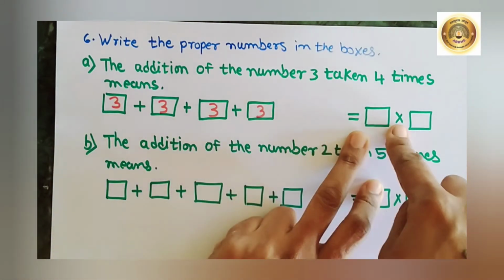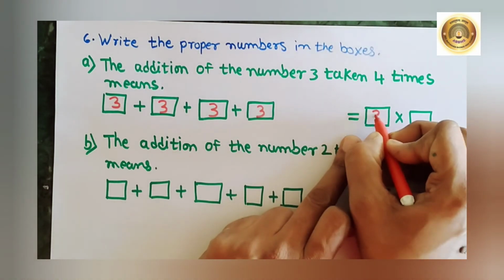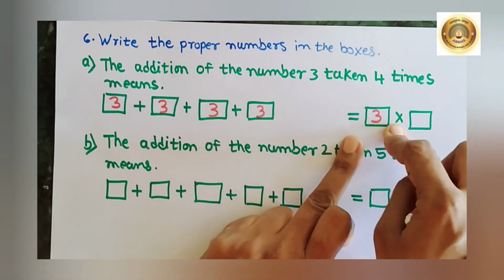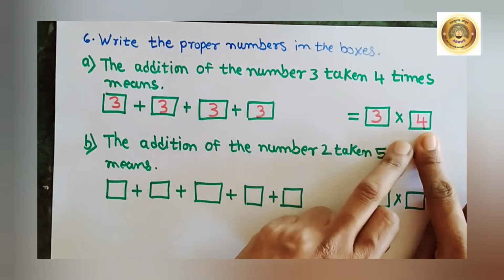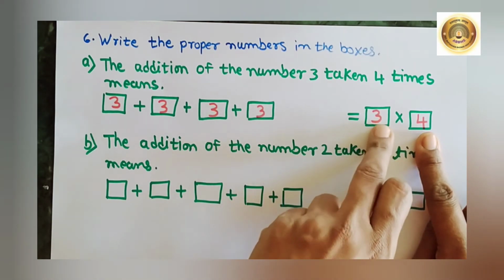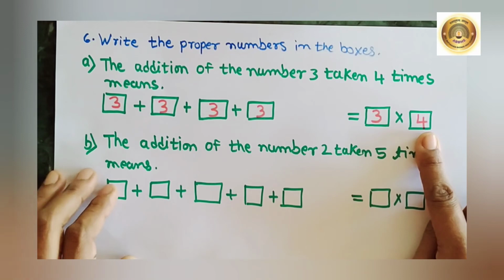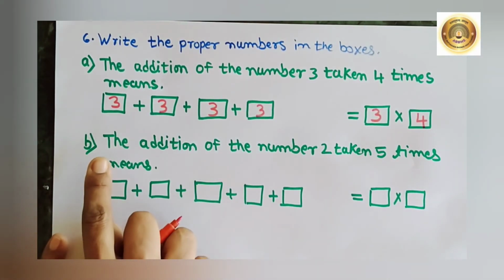And what is the multiplication form of this addition? Yes, 3 times 4. Why have we written 4? Because 3 is repeating 4 times. Like that, children. Do the next sum.